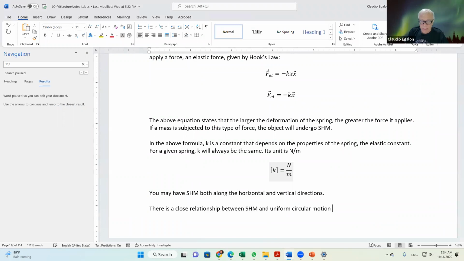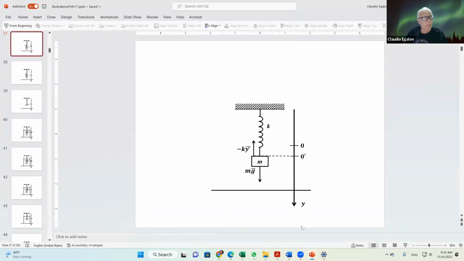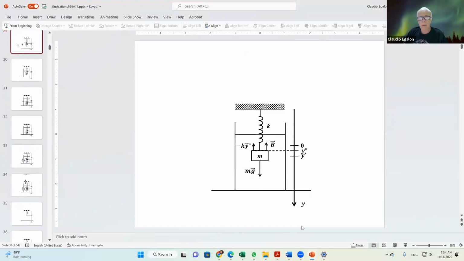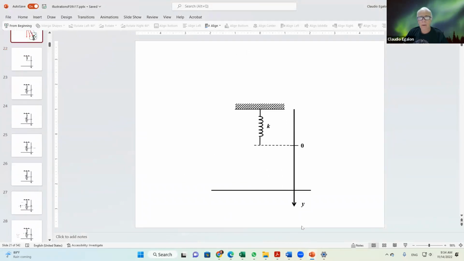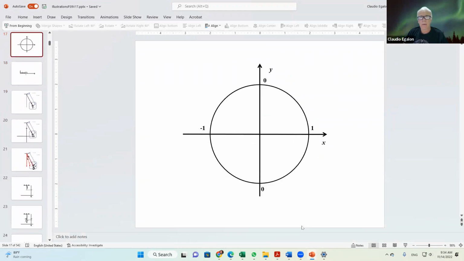Even though the former is 1D motion and the latter is 2D motion. Let me explain that. And I have it right in here. Here you go, circular motion.